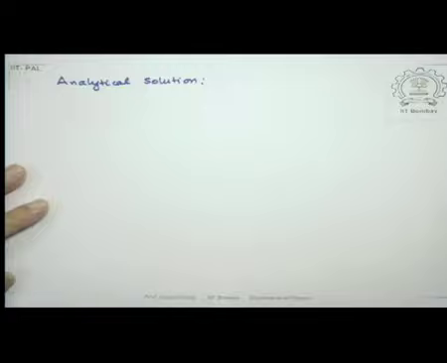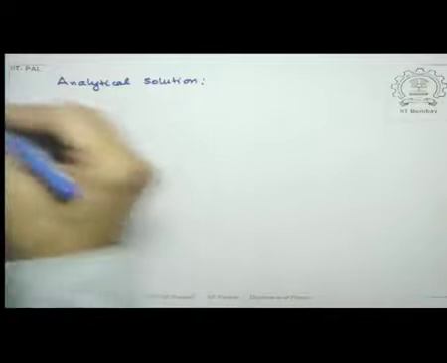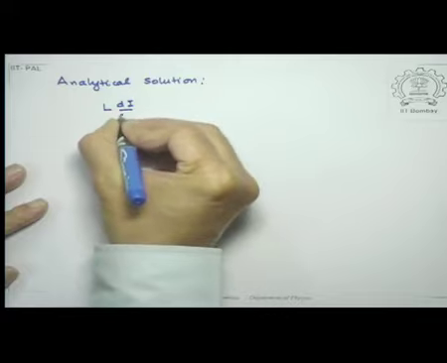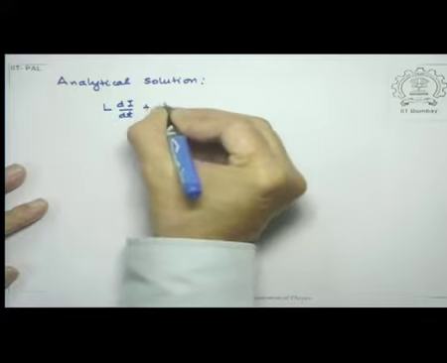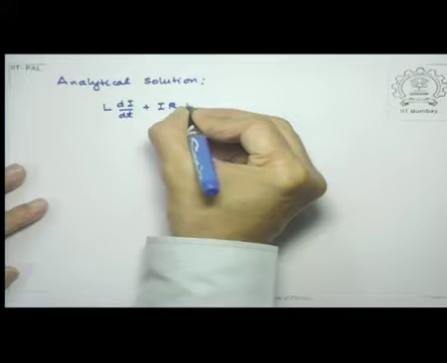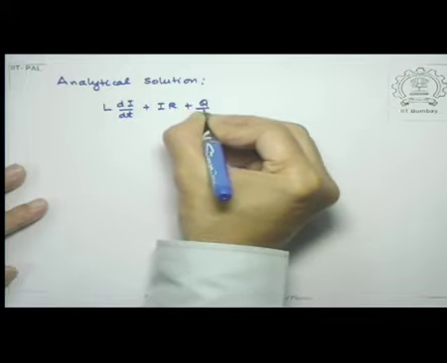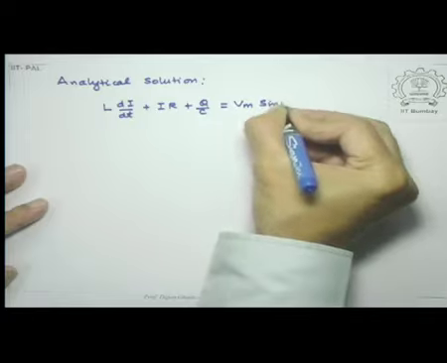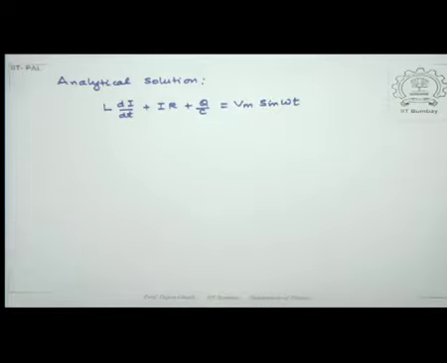Using Kirchhoff's loop law, I can write down the equation as L di by dt plus IR plus Q over C is equal to Vm sin omega t, where Q by C comes because that is the voltage drop across the capacitor.